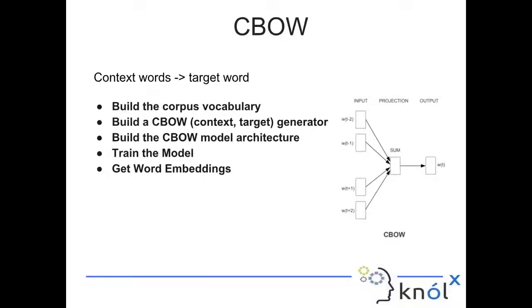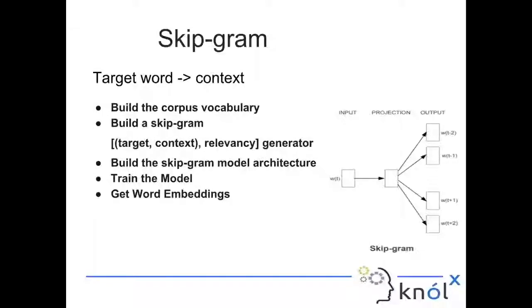In the previous one we had the context words as a vector of words, and then the target word. For skipgram, we have the target word and then the context word.